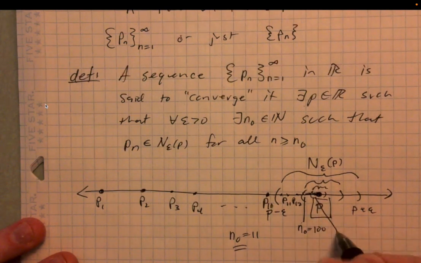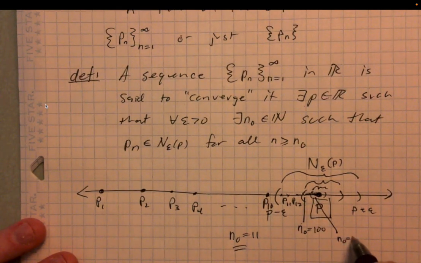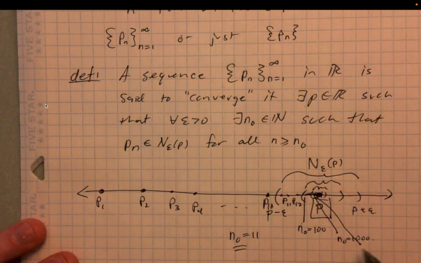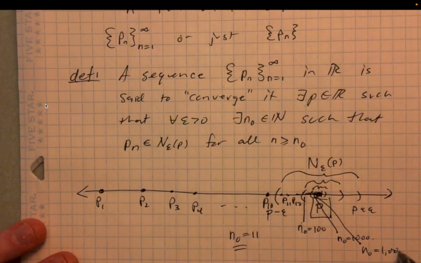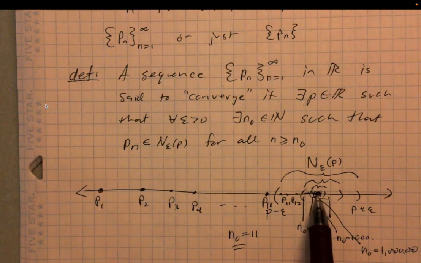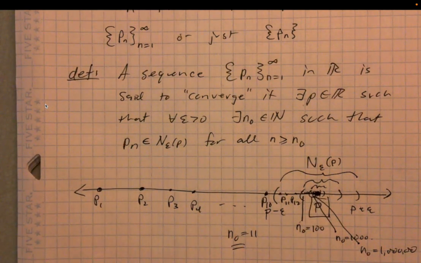And to be inside of this one, n naught equals 1,000. If I get a little closer, n naught equals 1,000,000. And so all the terms that come after the millionth term are all inside of this extremely tiny epsilon neighborhood right around p. As you can see, the numbers get closer and closer to p. They never need to equal p. They just go right up to it.